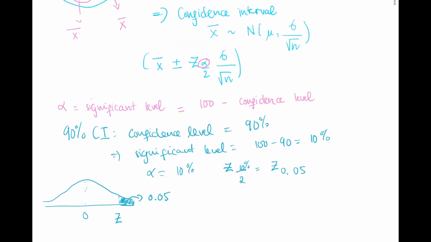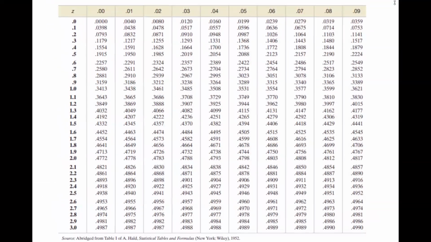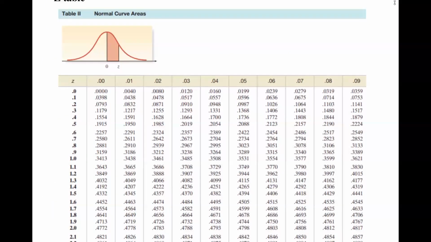And if we look at the z table here, again, if you don't remember, the z table only gives values between 0 and a specific z. We want 0 here, z here. We want this part to be 0.05, which means that, what is this part? What should this part be equal to?